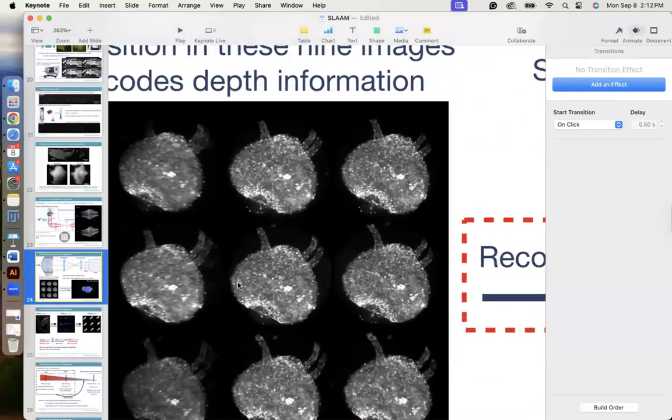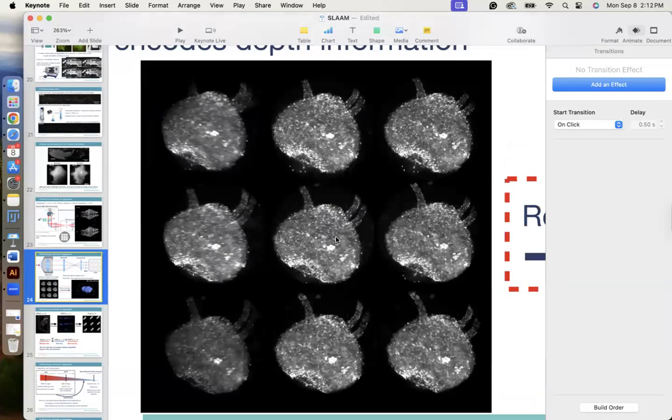It's hard to get an exact number on it. In the setup that we have, we've set it up so that the images from each of the lenses in the lens array just barely touch each other, so you won't have overlap between two images. But I agree with you that if things are very dense and you have a lot of overlap between your individual images, it's going to make reconstruction quite a bit harder.